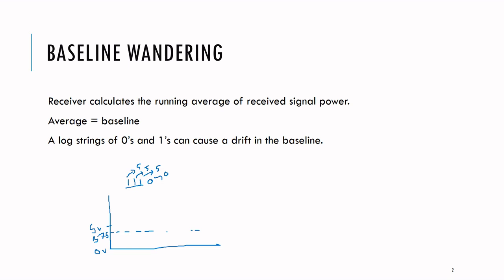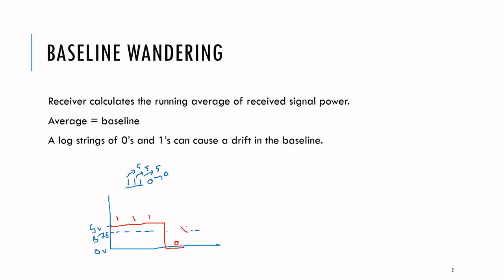And now if I were to receive one, one, one, and 0, and approximate this, I would say that if the received signal is above 3.75 volt, that's a 1, and if it's below 3.75 volt, that's 0.